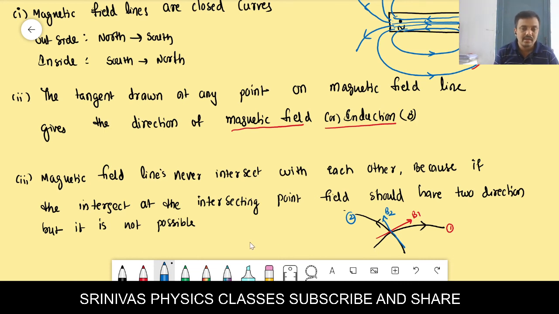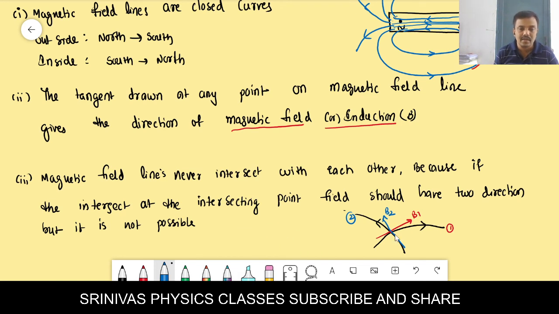This is one field line. This is another field line. They never intersect with each other like this. They never cross with each other. One line is going like this, and the other line will never cut the first line, right? Why? Because the tangent drawn at a point on the field line gives the direction of the magnetic field.